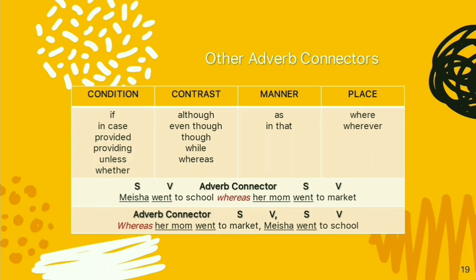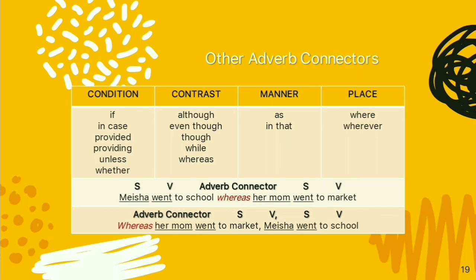Other adverb connectors: there are condition, contrast, manner, and place. For condition, there are if, in case, provided, providing, unless, whether. For contrast, there are although, even though, while, whereas. For manner, there are as and in that. For place, there are where and wherever.